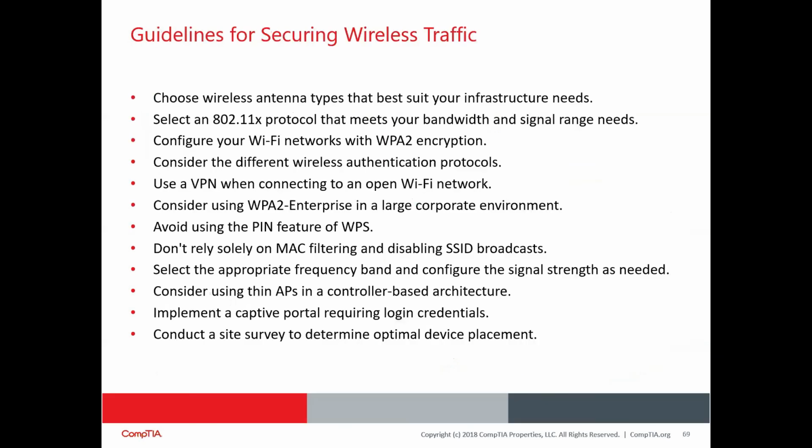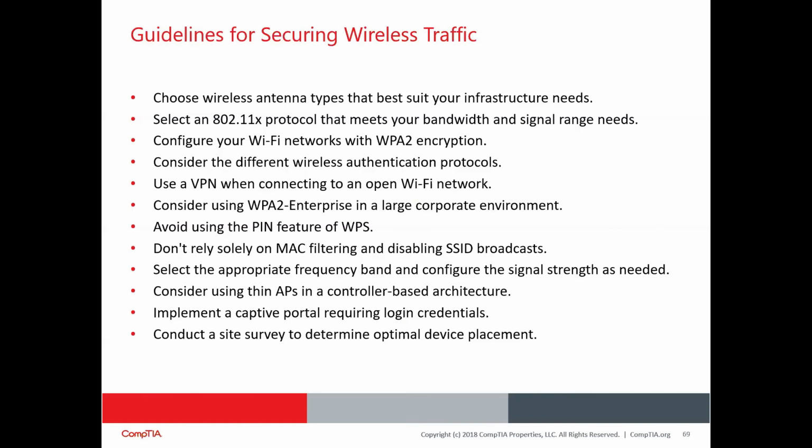And some guidelines for securing wireless traffic. One of the best ways is to use WPA2 encryption. If you want to use a combination of VPN and Wi-Fi as well as the LAN, you can use 802.1x, which provides AAA: authentication, authorization, and auditing.